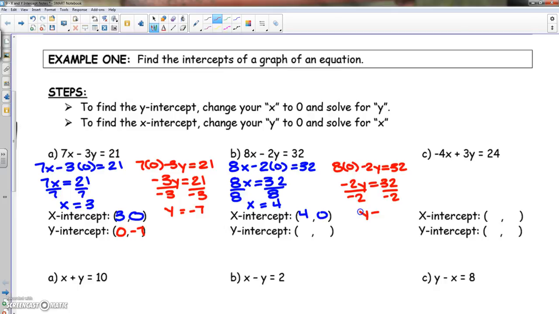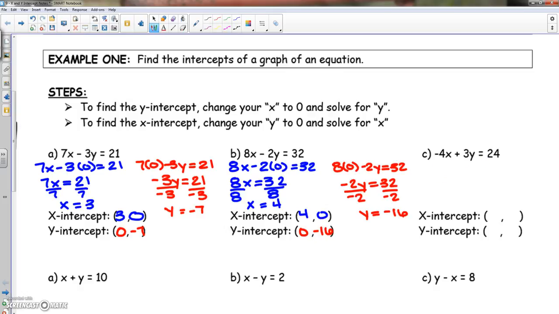So y is now going to be negative 16. So my y-intercept is 0, negative 16. And again, remember guys, the x-intercept and the y-intercept mean these are the points at which the graph crosses the x-axis and the y-axis. All right, let's do one more.